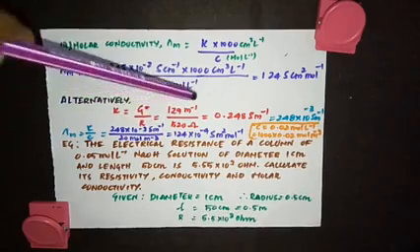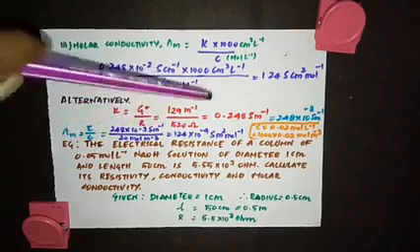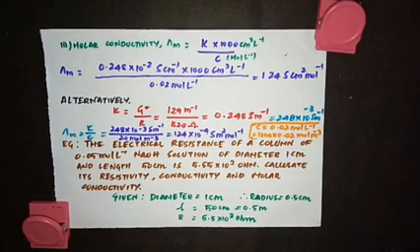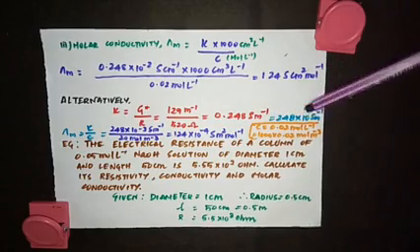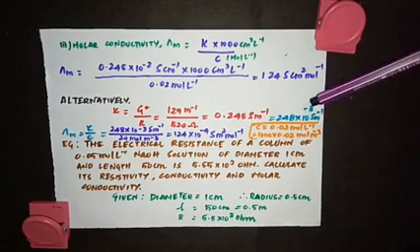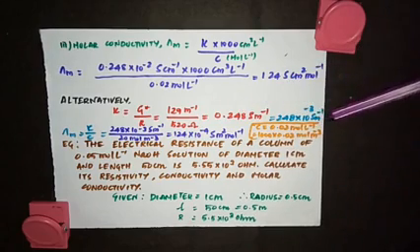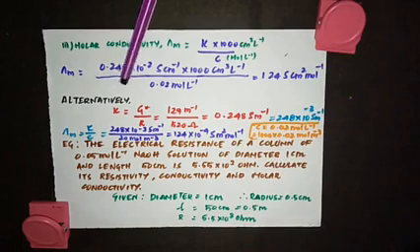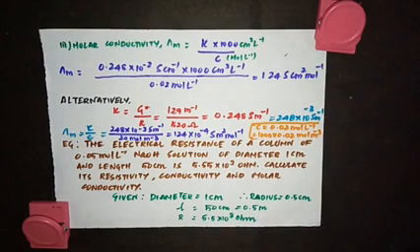So 129 meter inverse divided by 520 gives me 0.248 Siemens meter inverse. That can be written as 248 into 10 to the power minus 3, without decimals. So I found the kappa value, and now I am going to find out molar conductivity.